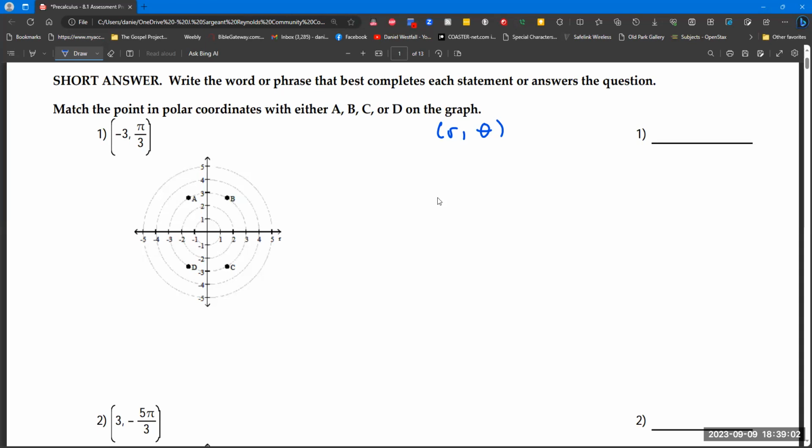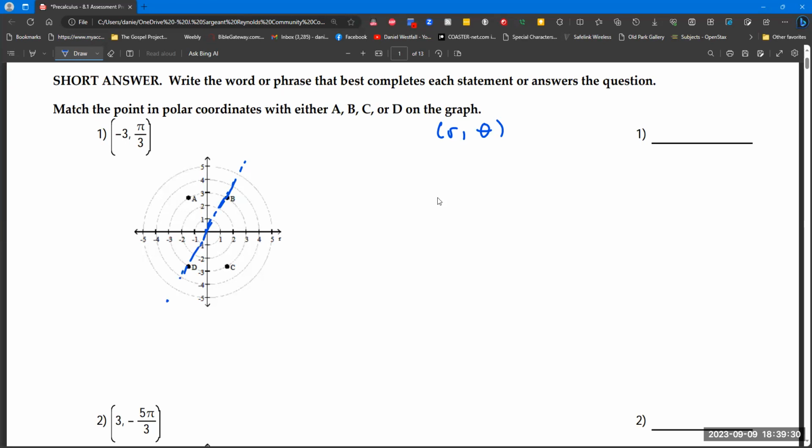I actually recommend that you look at the direction first and face in that direction. So if we were standing at the pole, which is what we call the origin here, and we were facing in the direction of pi over 3, we're on this line right here that goes between B and D.